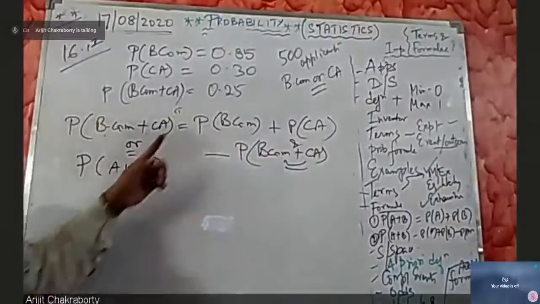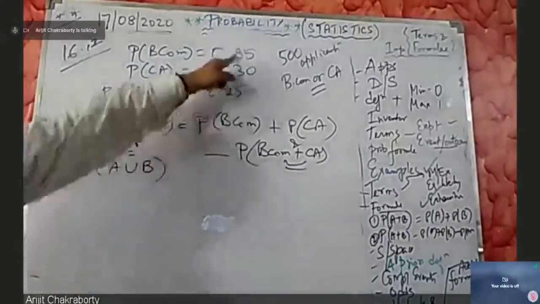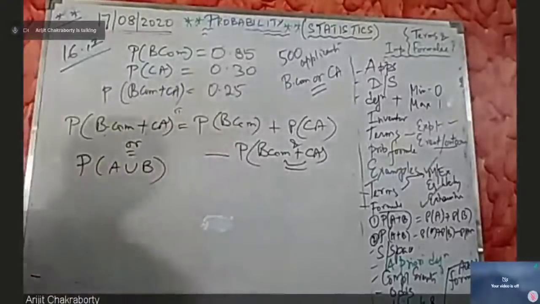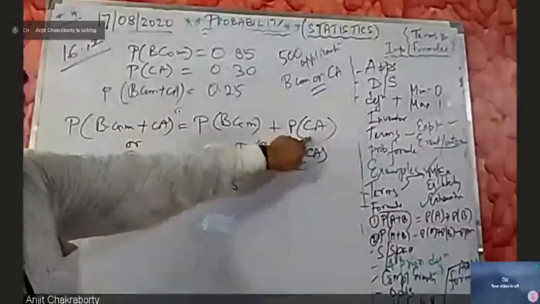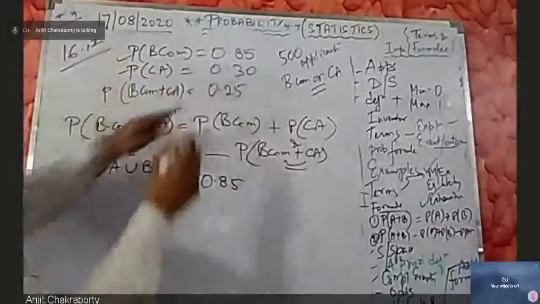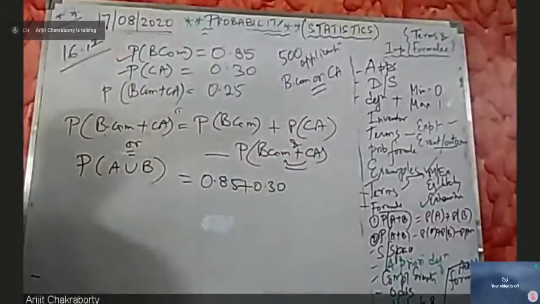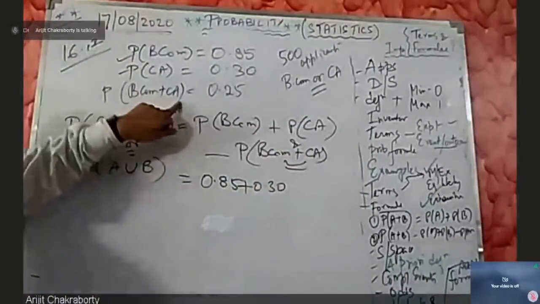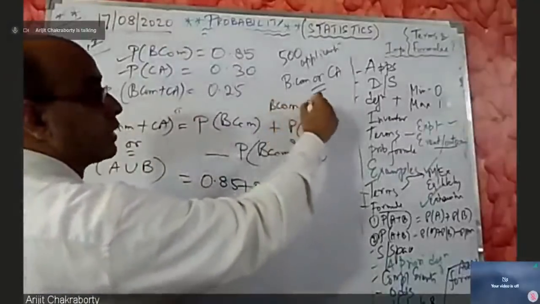The probability that you are only BCom is 0.85, so we put here 0.85. Probability of only CA is 0.30, so plus 0.30. And you are both BCom and CA. That means BCom intersection CA.